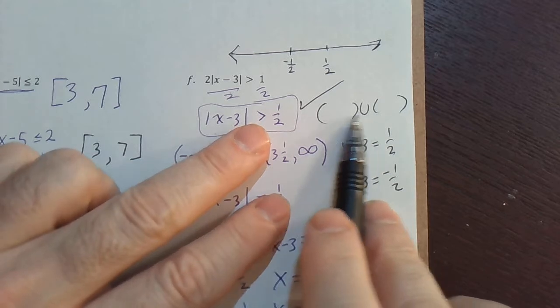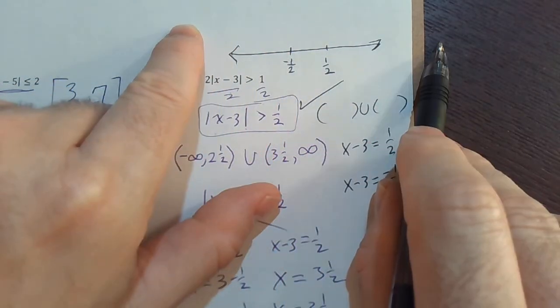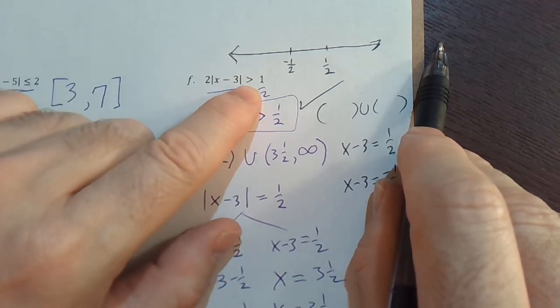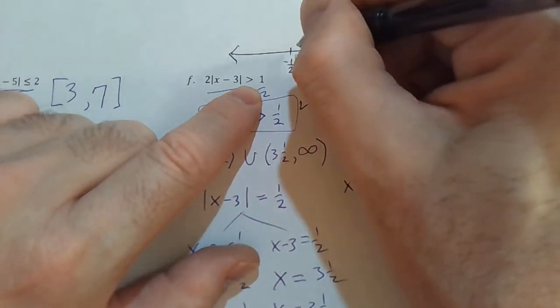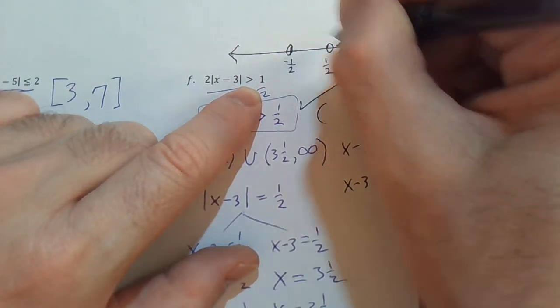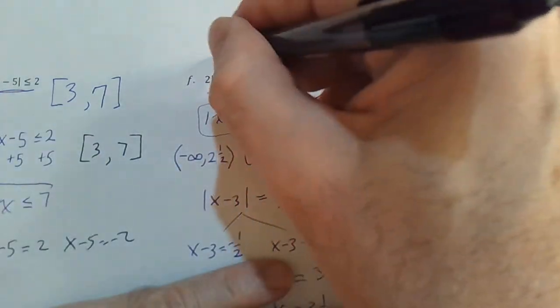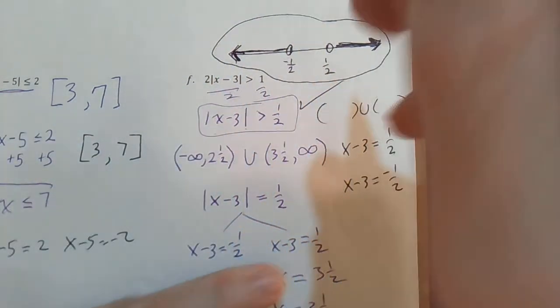Since I know it's going to be two intervals, I know I have to go from these two numbers outward. And it's a greater than, it's not greater than or equal, so I put open circles and I go outward. Just like that. This is the solution graphed.